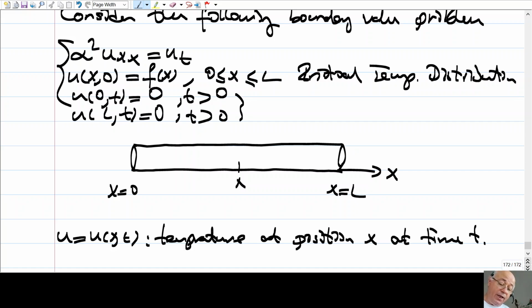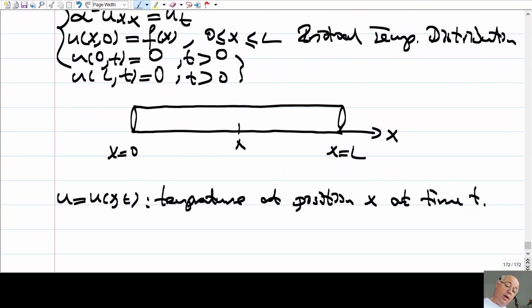You may think of putting large ice cubes at both ends of this rod at temperature 0. So at all times, the temperature at these two ends is kept at 0. Since these are 0, we call this problem a homogeneous two-point boundary value problem.